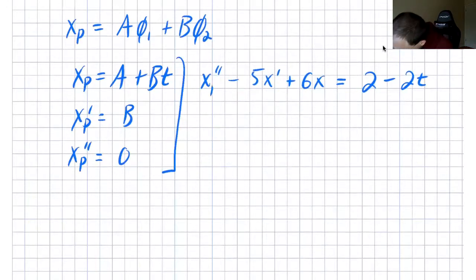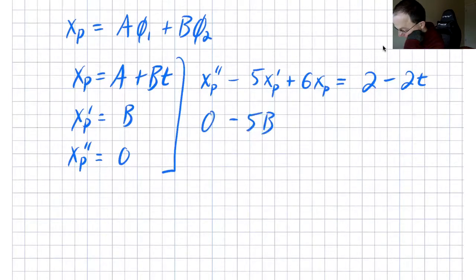Okay, so we're going to put the particular solution in here, and then we'll figure out what the a and the b should be. So we get 0 minus 5 times b plus 6 times a plus bt, and that's equal to 2 minus 2t.